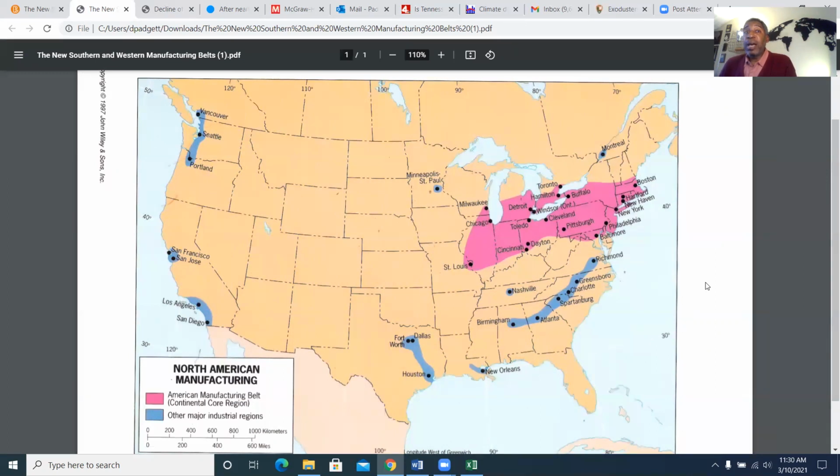There are cities in the South where 10 years have passed and there were maybe 1% of city contracts going to Black contractors. Everything else went to white male-owned businesses.